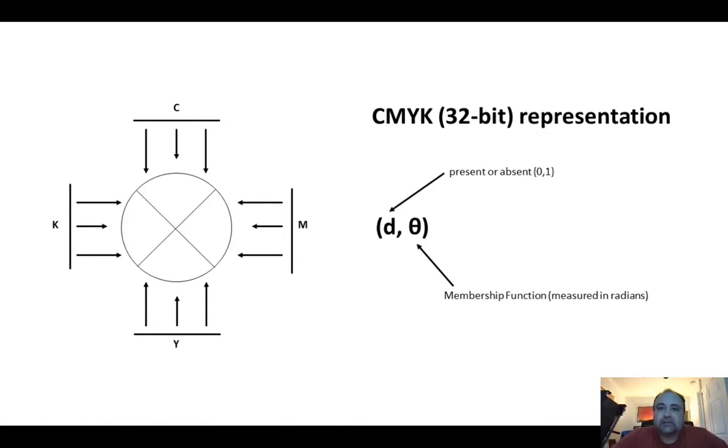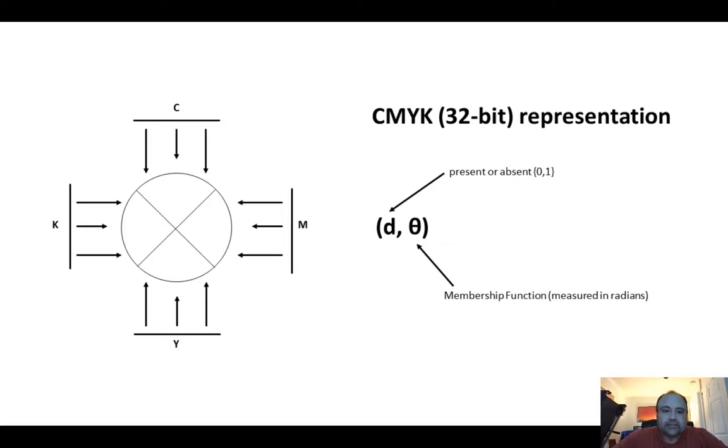You can take the color. It's not the color spectrum, but it's the CMYK spectrum, which is an attribute of color in the world. And this is a 32-bit representation, so you have C, M, Y, and K all represented on the circle. And so there's a membership function in radians, so it's a degree of membership in one of these categories as you're going around the edge of the circle.